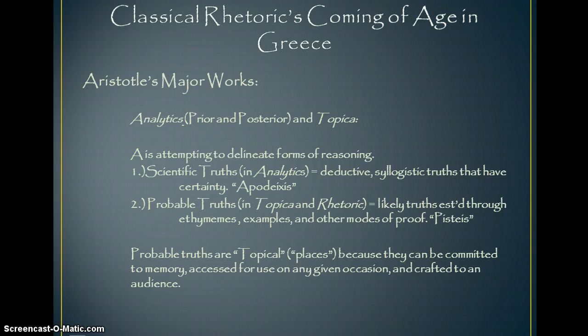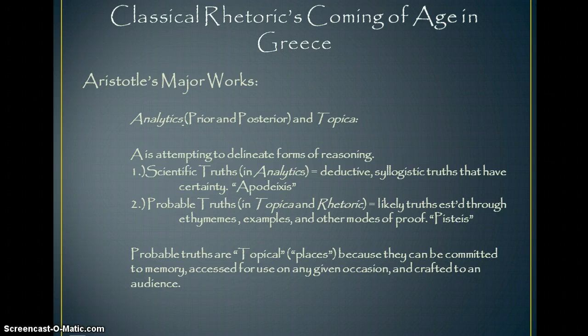The other type of truths are probable truths, and here he deals with these in the Topica and the text that we're going to focus a lot of attention on, the Rhetoric. These are likely truths, not absolute certain truths, not scientific, likely truths, and they're established through the use of certain types of arguments like enthymemes, examples, and other modes of proof.